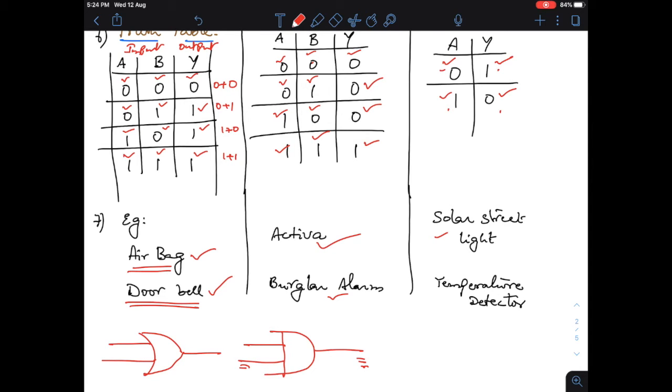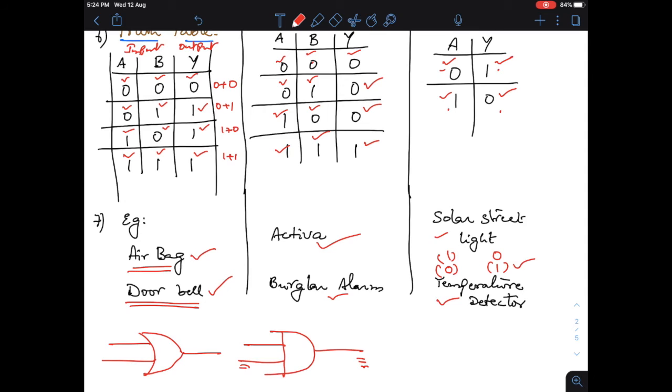So input is high, output is low. Now, during the night, there is no sunlight. That means no input, and then the street light will switch on. So light will glow, so it is high. That is the best example to understand the NOT gate.